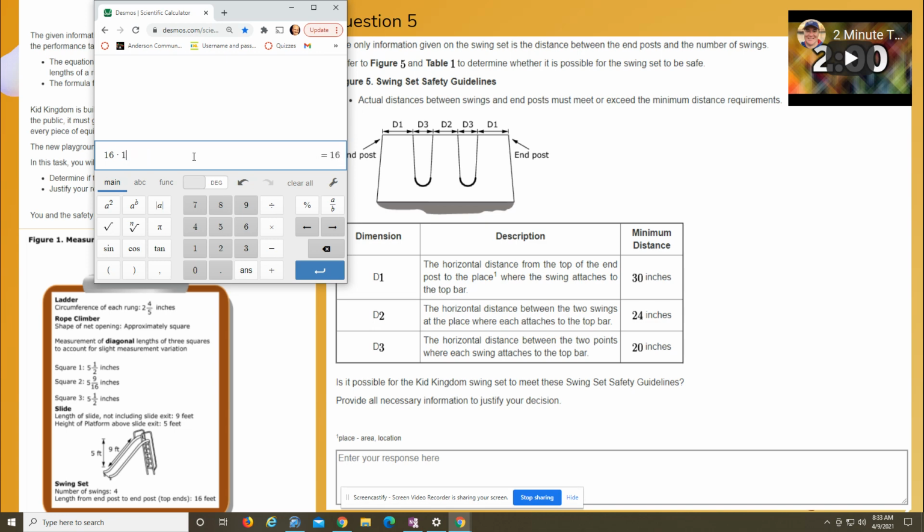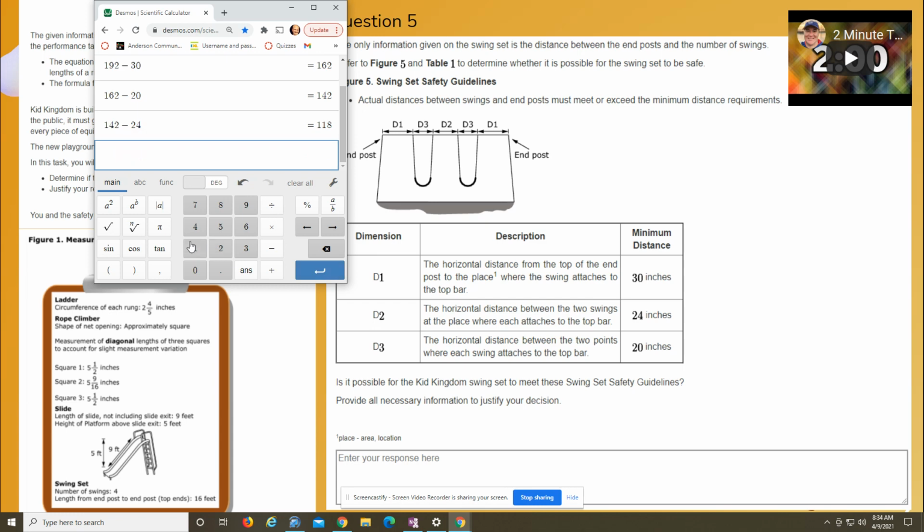We got 12 there, so we'll just do 192 minus 30. Then we got a D3 section, so we got 162 minus a D3, which is 20. Then we got 142. We've got a D2 section, which is 24 inches, so minus 24.